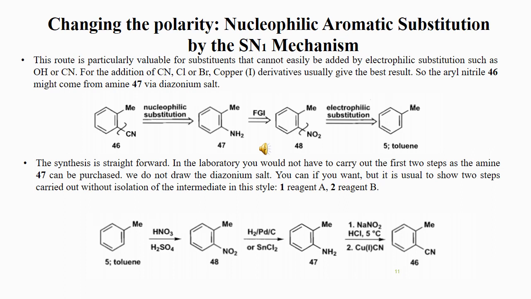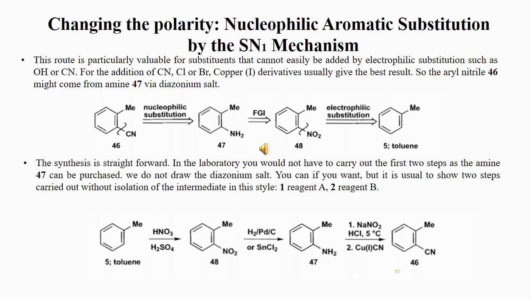In the reactions below, from the diazonium salt 46, on gentle warming, a molecule of nitrogen is released. So the sequence is the nitration of aromatic compound 39 to give the nitro aromatic compound 40.